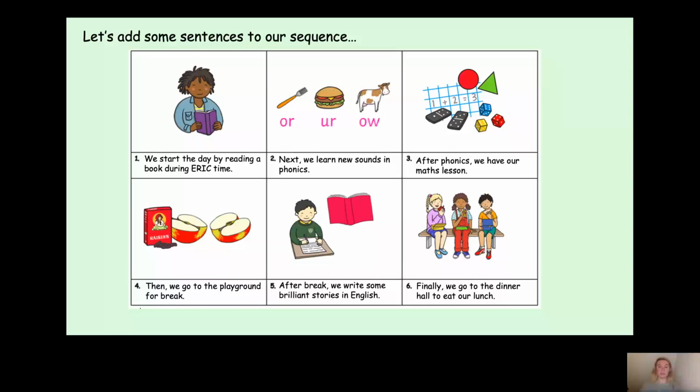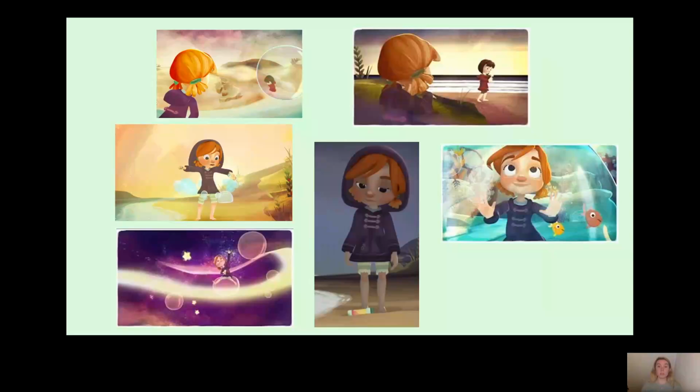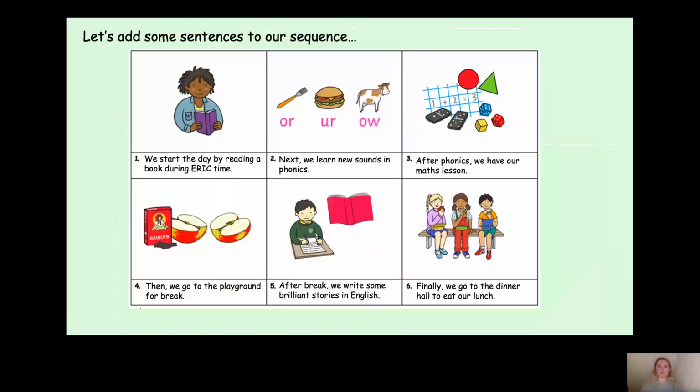So using these pictures, which are on your worksheet, Year 2 English, 8th of January resource, or if you don't have a printer, you can draw the pictures, that's fine. I would like you to sequence the story and also write a simple sentence for each of your pictures to say what is happening. Now remember, it's a story, so it's going to be in the past tense, isn't it?